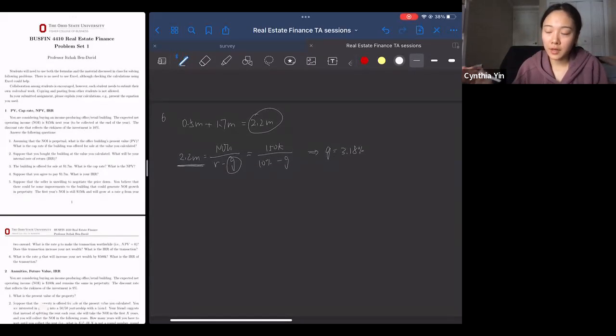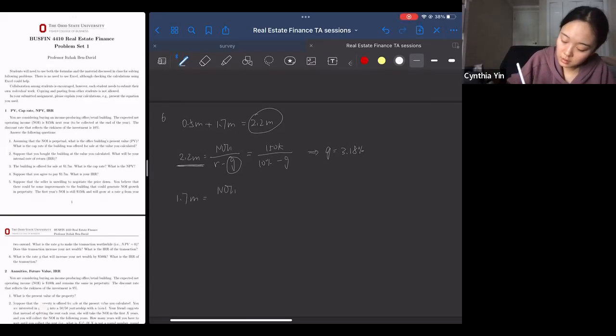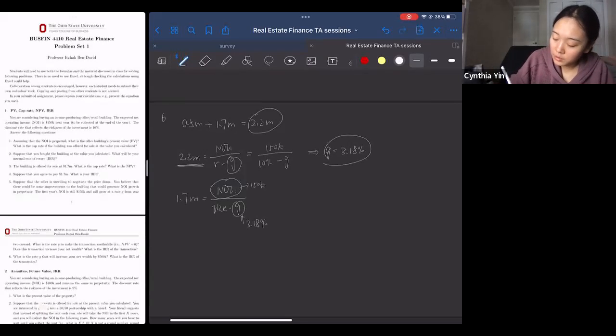So again, to get IRR, you really need to put the payment, the price you pay, on the left-hand side, which following the previous question is 1.7 million, the one you pay for the project, and it equals 150K divided by IRR minus G. And G we already got here, which is 3.18%. So altogether, you get IRR equals 12%.